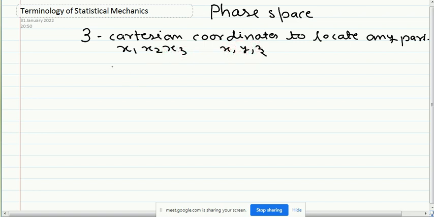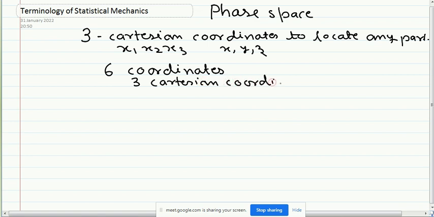But in statistical mechanics, we represent any particle by six coordinates, and these six coordinates are three Cartesian coordinates, means three positions, and three momentum coordinates.